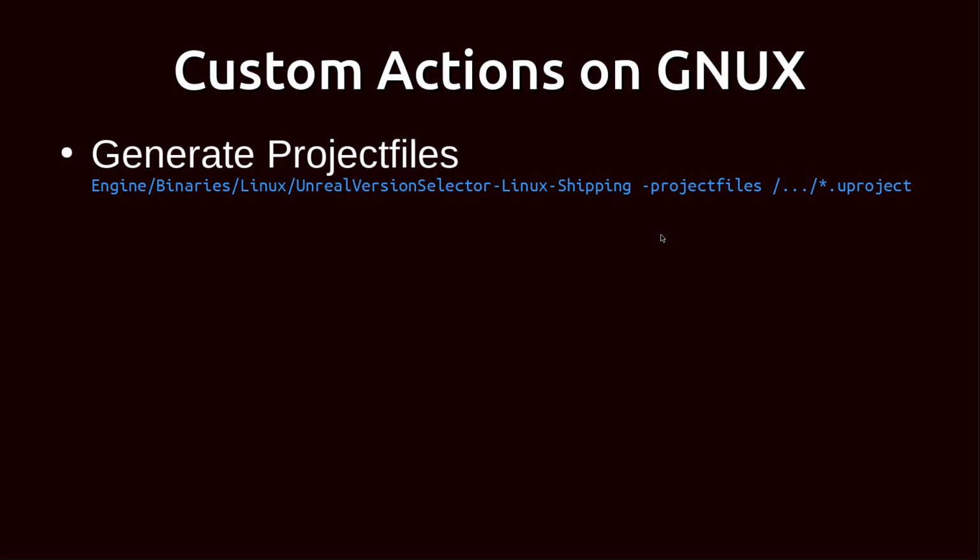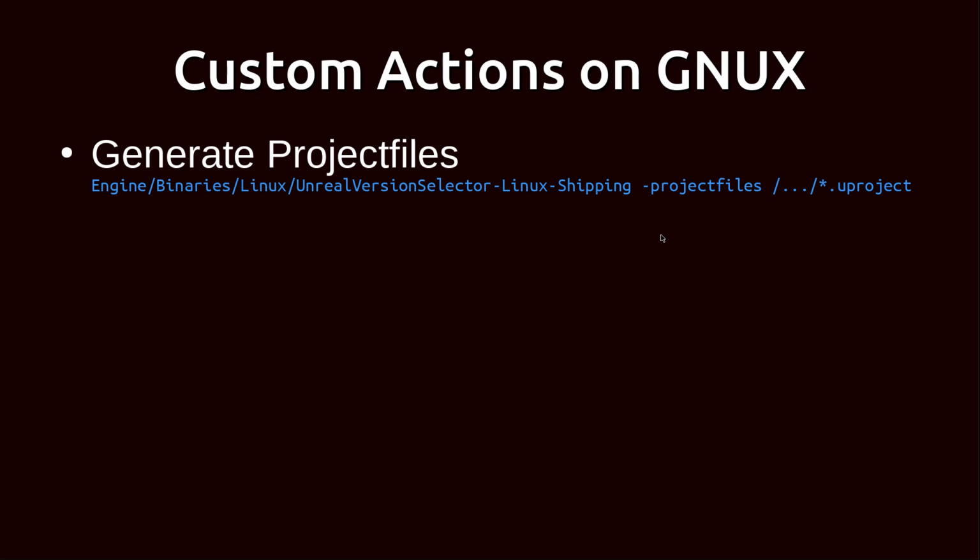Okay, first, how do we generate project files? As we said, we are using the Unreal version selector. It's located in the Engine Binaries Linux folder, and the name is UnrealVersionSelector-Linux-Shipping.